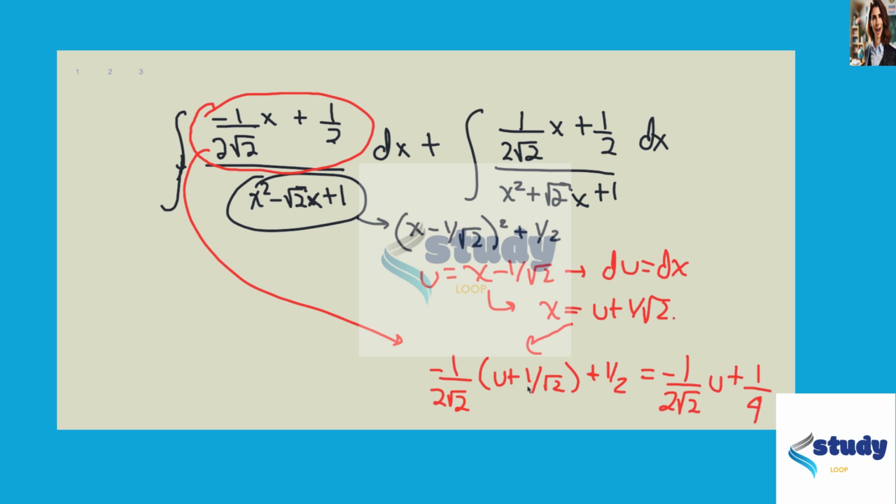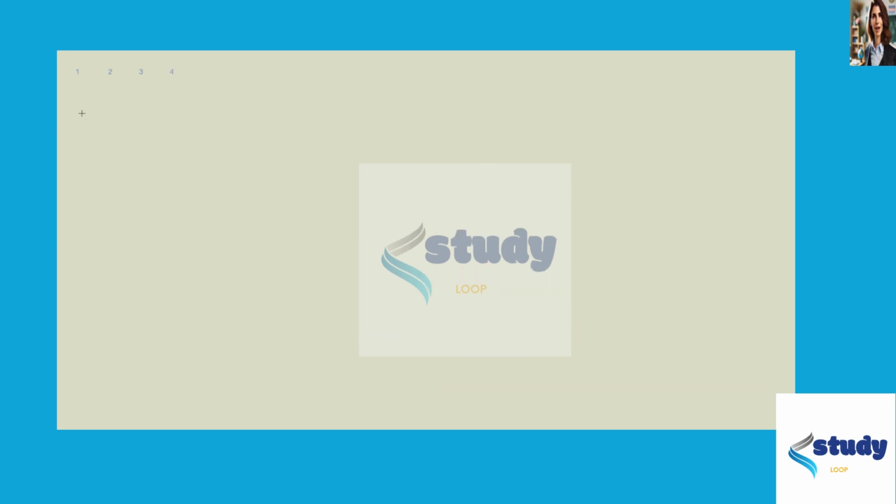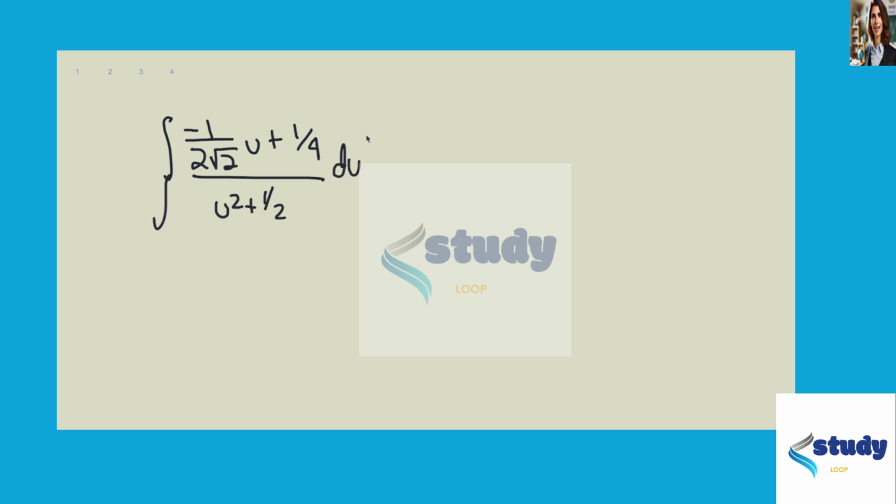So now let's rewrite this first integral all in terms of u. I'll go to the next page for that. Plus 1/4, and then on the bottom, we have u squared plus 1/2. Let's simplify this. Pull out the constant.